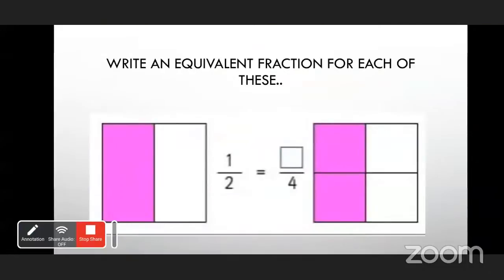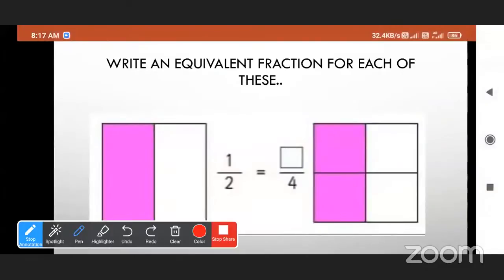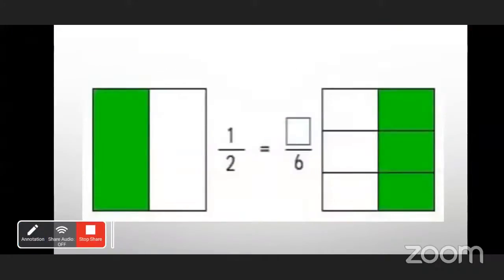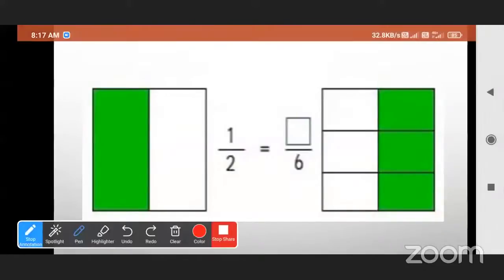Now, here are some problems for you. Write an equivalent fraction for each of these. Okay, now see, the first one is given 1 upon 2. Then what will be? 2 upon 4. Very good. So we will write 2 here. Now, what will come here? 1 upon 2 is equal to 3 upon 6.